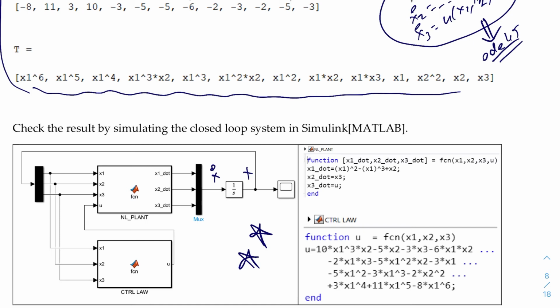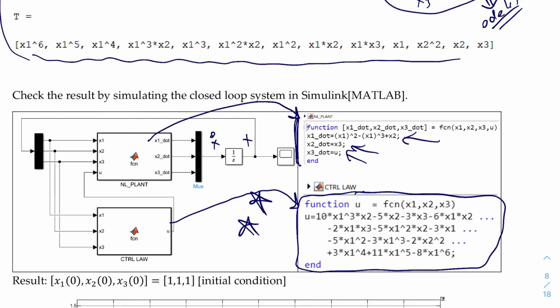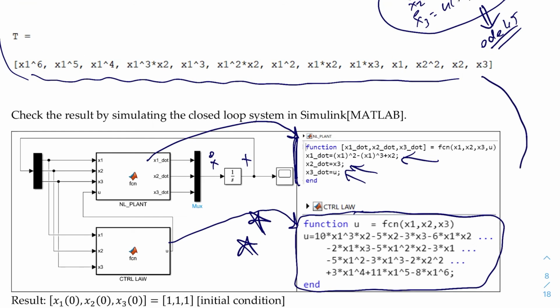Okay, let's look at what is in the NL plant block, and this is the problem. This is the original problem, the dynamics of the plant. The control law block includes this function, and this is a really long expression.